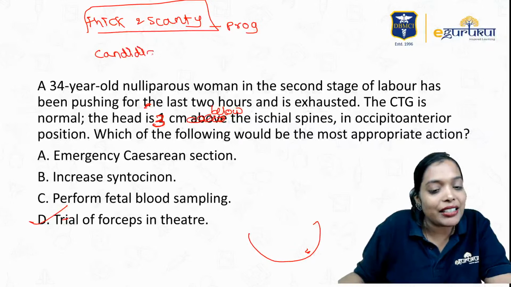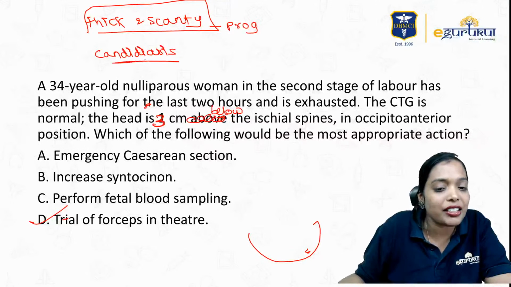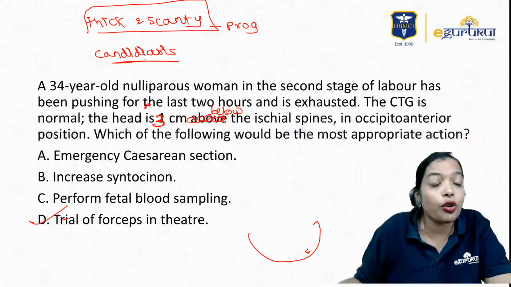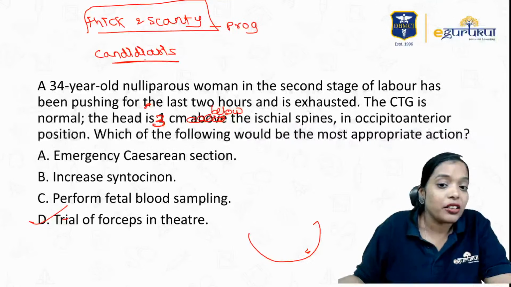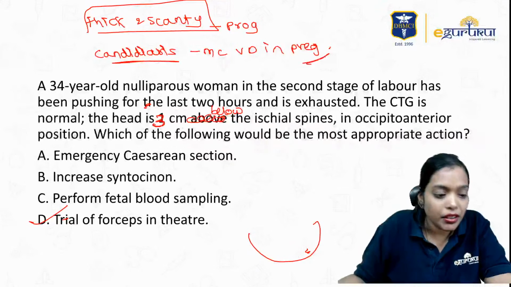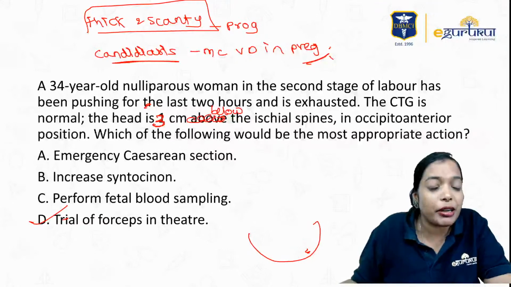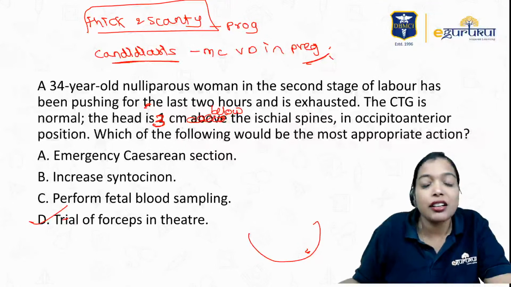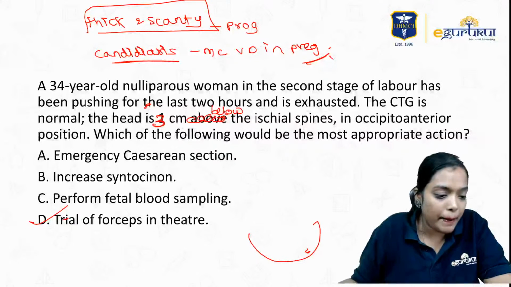Candidiasis can be seen in pregnancy because candida is the only organism which can grow in the acidic pH. So candidiasis is the most common vaginal discharge in pregnancy. Candidiasis patient will present to you with curd-like discharge, lot of pruritus. Okay.